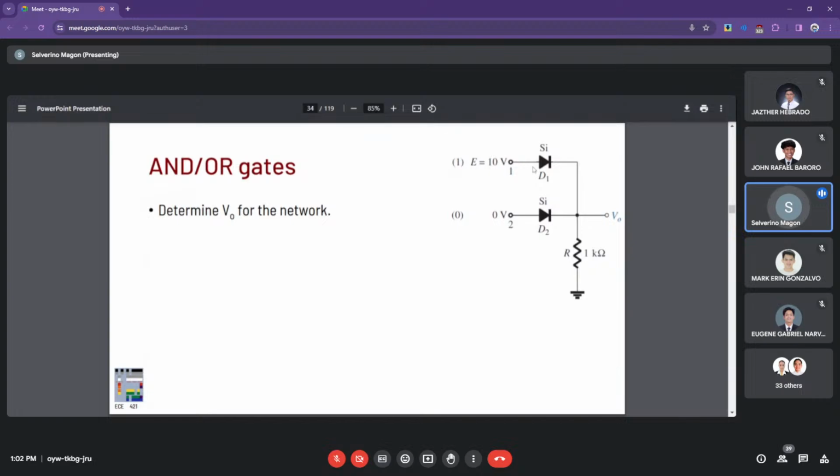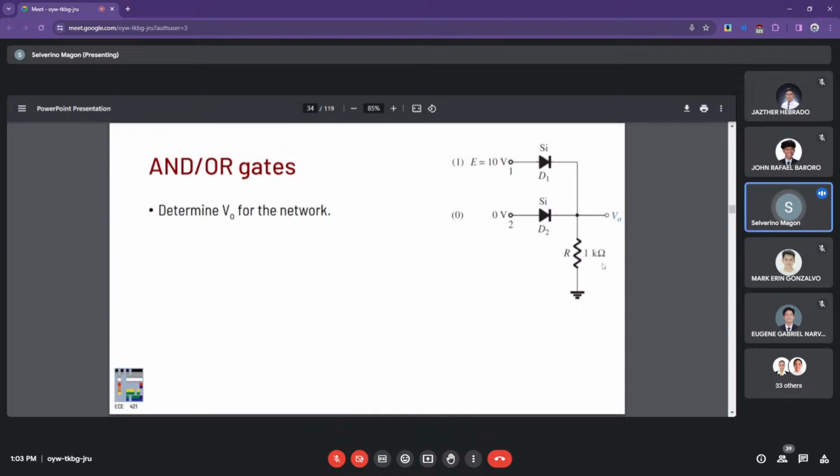So if we apply this to the other side, assume for example that we have a VI input at D1 at 0, and an input of 10 volts at D2, then a similar output can happen.